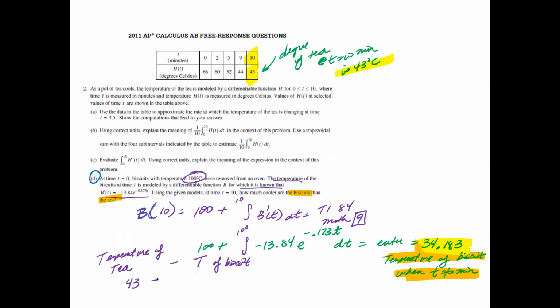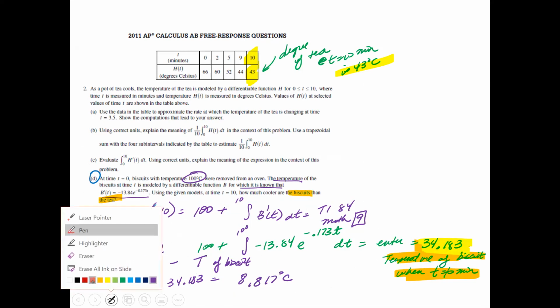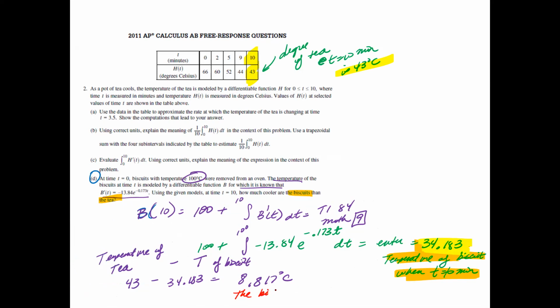So that's going to be 43 minus 34.183, which is going to give you a difference of 8.817 degrees Celsius, which means the biscuits are 8.817 degrees Celsius cooler than the tea at t equals 10 minutes. And that should be your answer for this question.